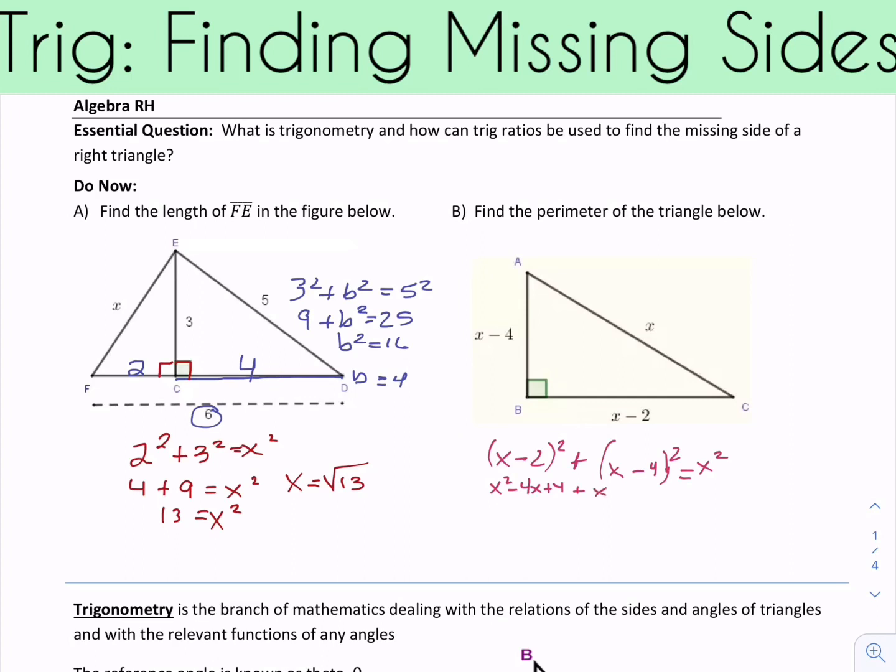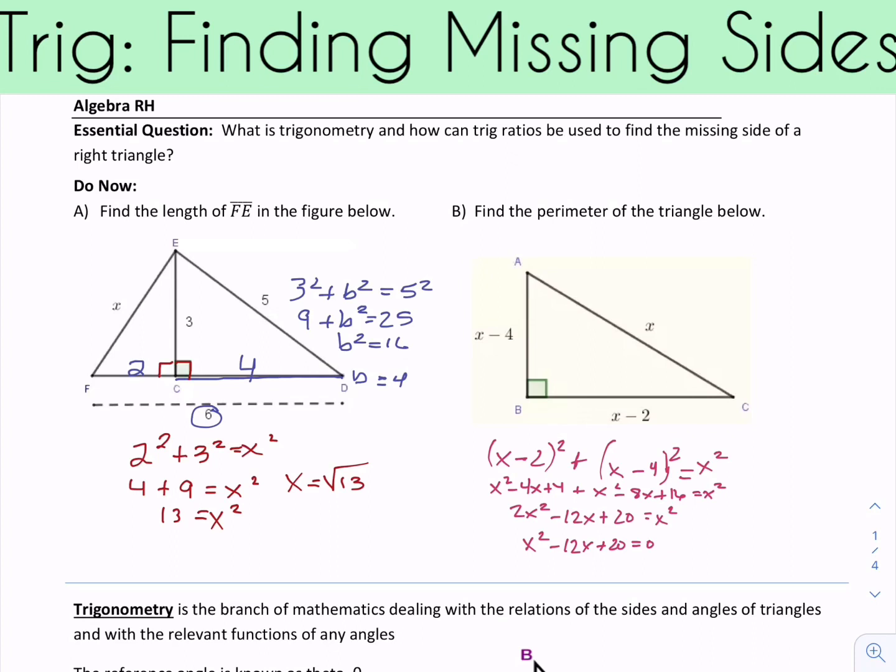This one's going to be x squared minus 8x plus 16. And this is going to be x squared here. So then if we keep combining like terms, this is going to be 2x squared minus 12x plus 20 equals x squared. And if I subtract x squared over, I get x squared minus 12x plus 20 is equal to 0.